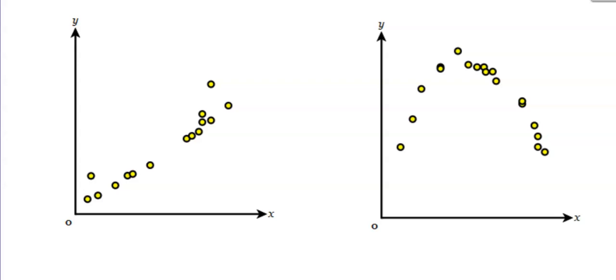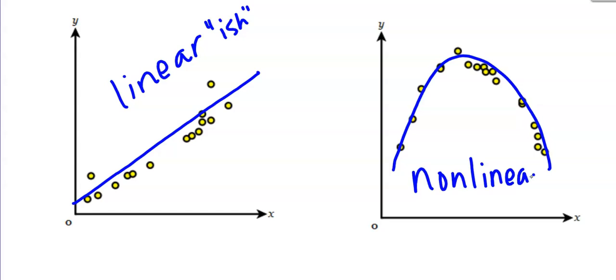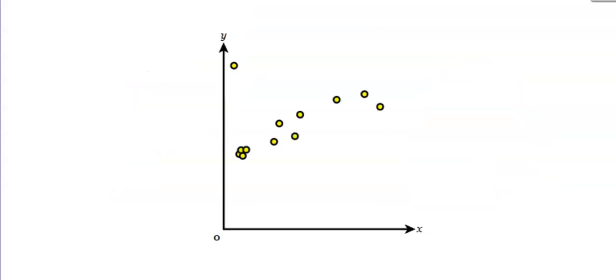Sometimes the data has a straight line trend, and we consider it to be linear-ish. And sometimes it has a curve to it, which we call nonlinear. Oftentimes, there is one or more data points that lie significantly further away from the rest.